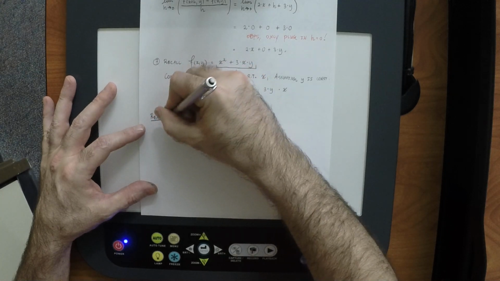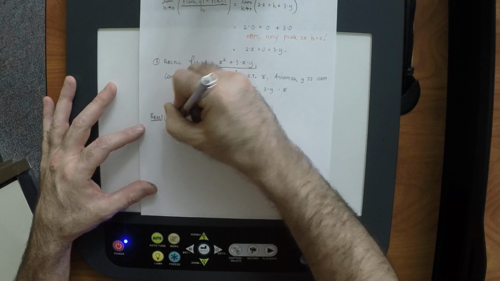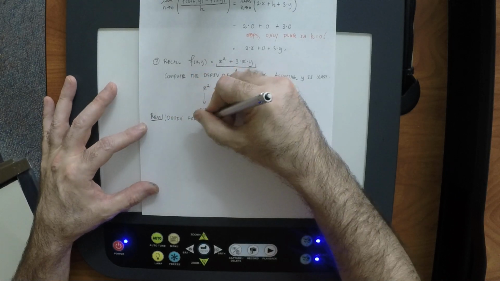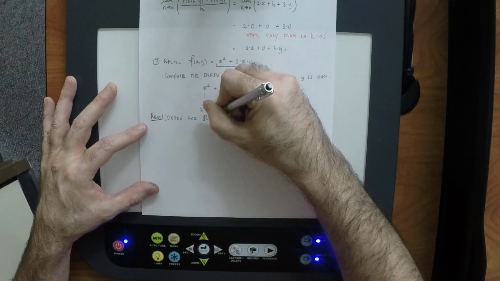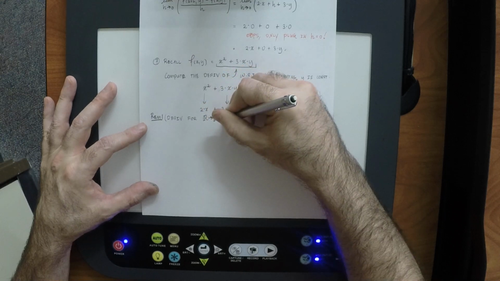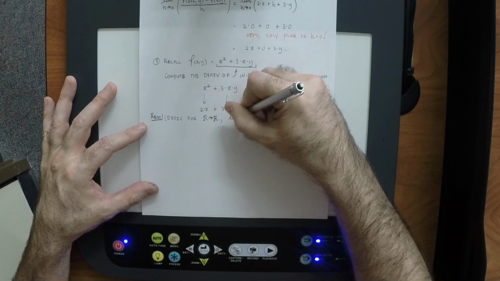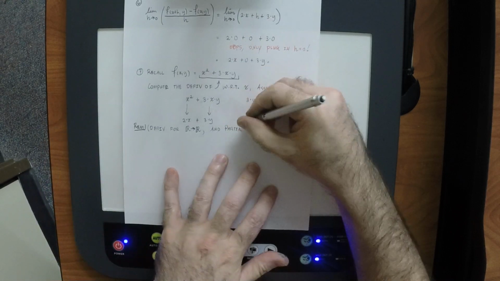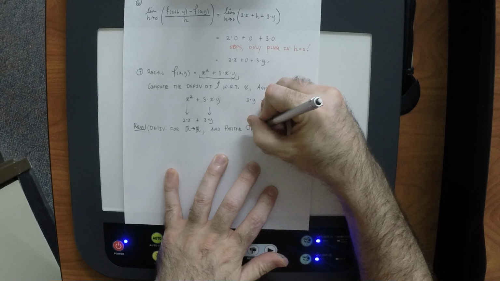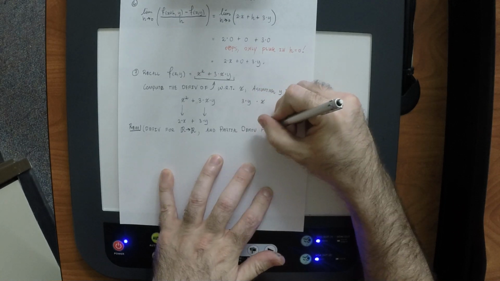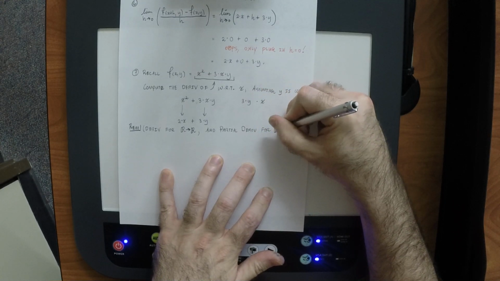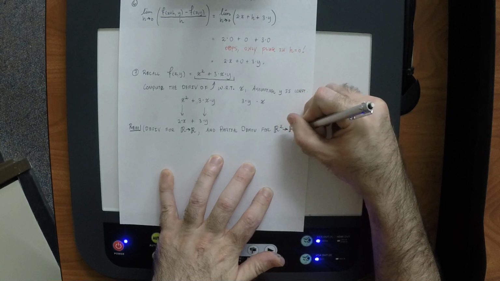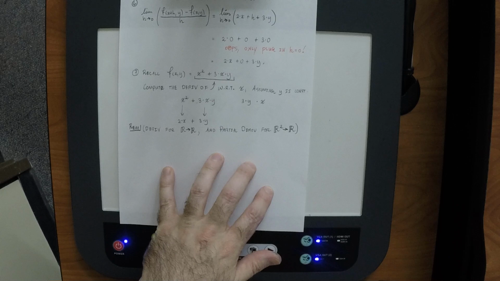So this is a derivative for reals to reals and partial derivative for R2 to R. All right.